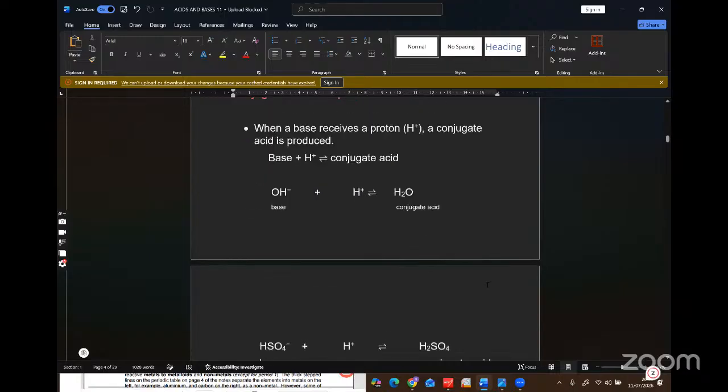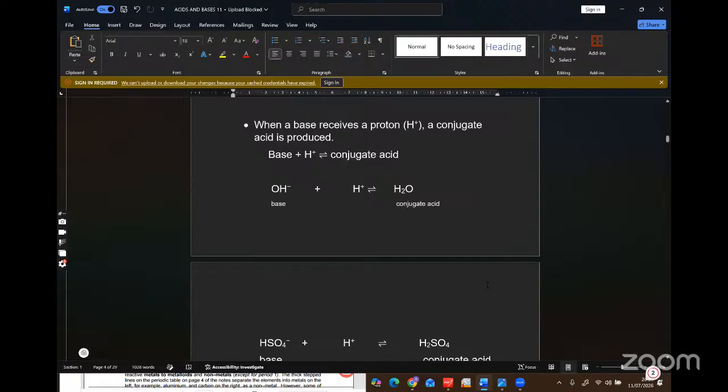Then we talk about bases. Now, a base is a substance that is a proton acceptor, okay? And so if you have a base like this, it can accept a proton, and whatever you are left with is a conjugate acid. So base, conjugate acid, acid, conjugate base. That's how you do them.